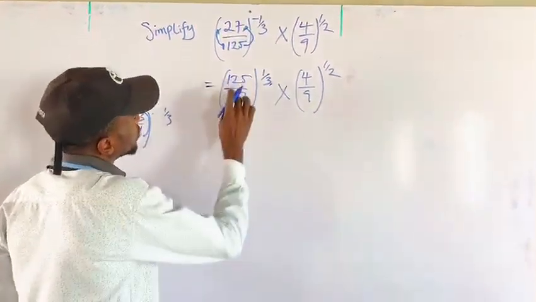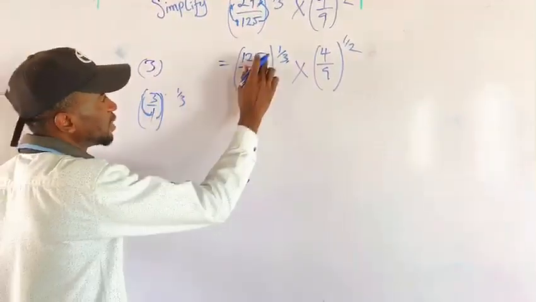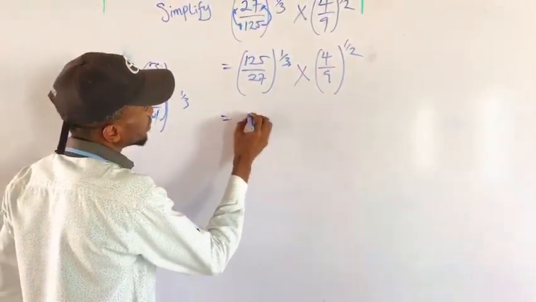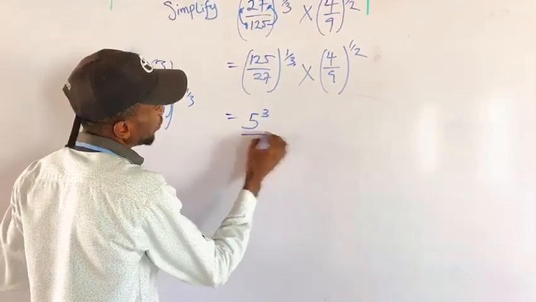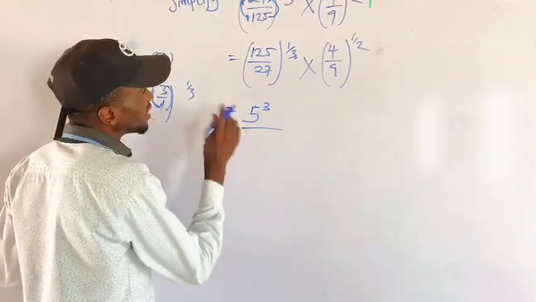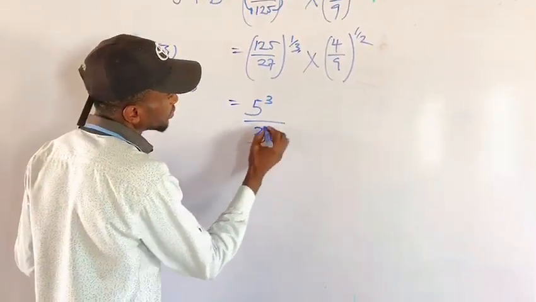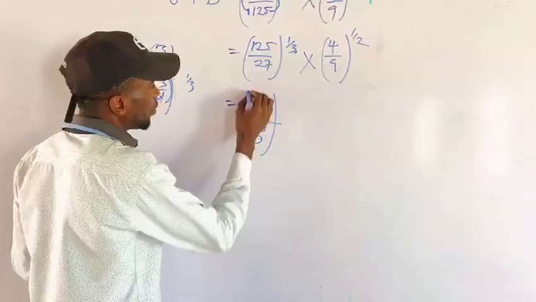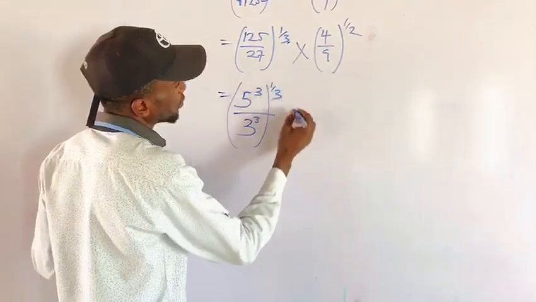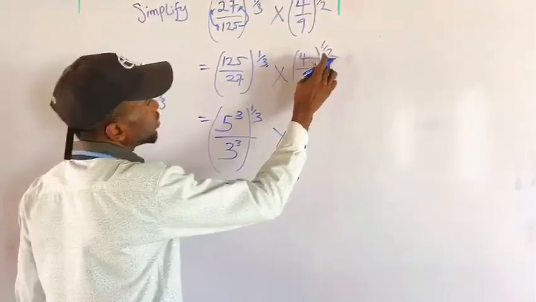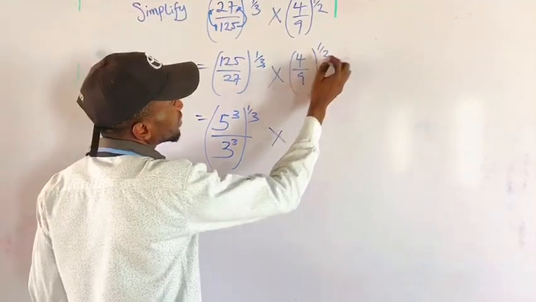So if I raise 5 to the power of 3, I will get 125. This is the same thing as saying 5 raised to the power of 3 over, what about 27? If I raise 3 to the power of 3, I will get 27. So this is 3 raised to the power of 3, all over, raised to the power of 1 over 3, times, now I'm on this part, I'll be considering this denominator.